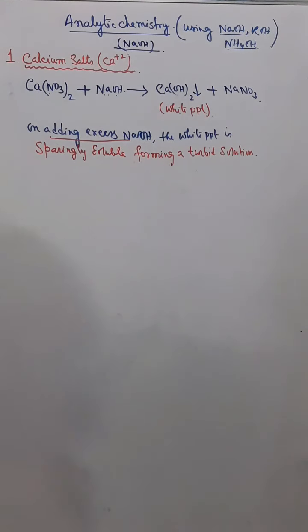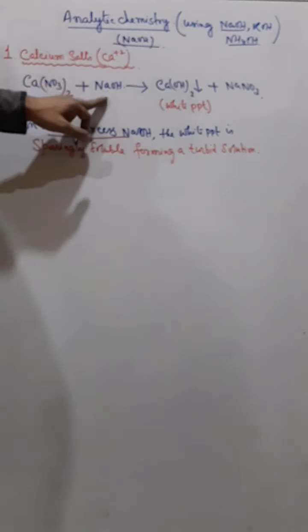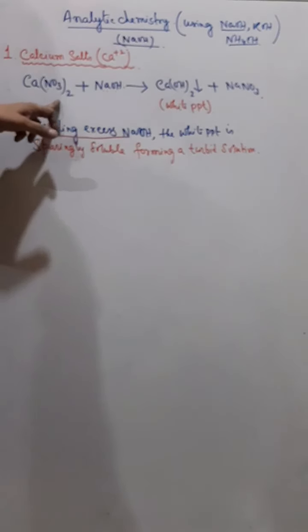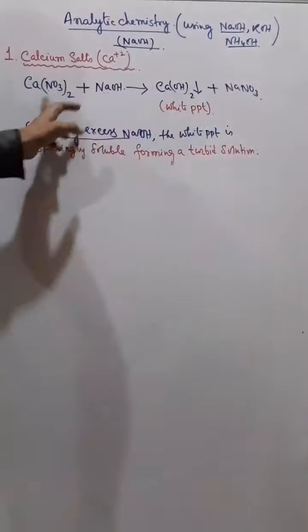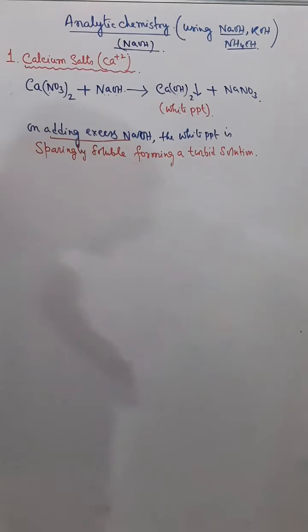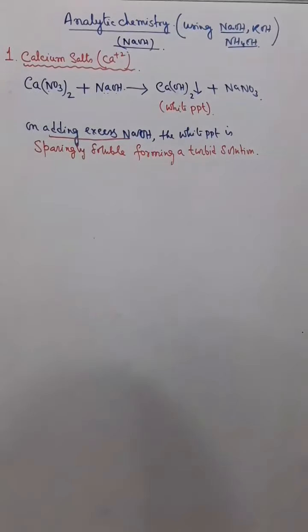So in calcium salts, when we add NaOH to a calcium salt, like calcium nitrate, we get calcium hydroxide and NaNO3. And on adding excess NaOH, the white PPT of calcium hydroxide becomes sparingly soluble, forming a turbid solution.